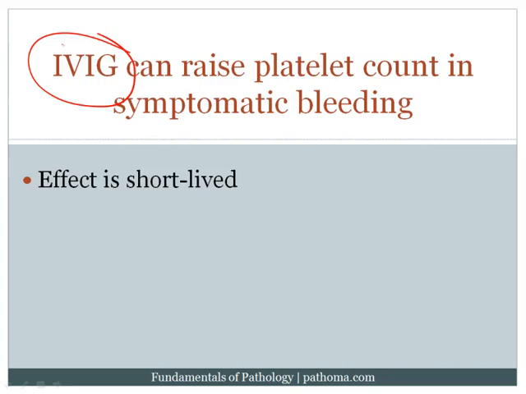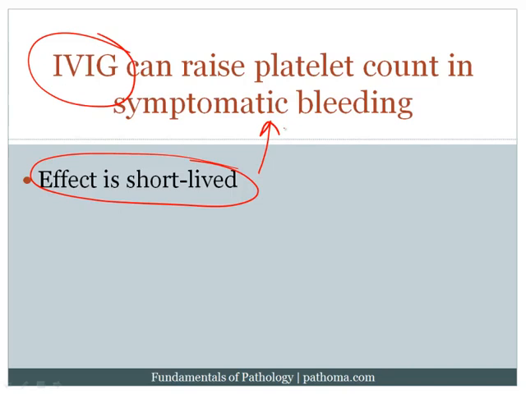Basically, you're going to overrun the spleen with all of this IVIG so that it sits there and consumes the IVIG and leaves the platelets alone for a little while. And of course, you can imagine that once the IVIG gets consumed, then the spleen will again start eating the immunoglobulin-bound platelets. So the effect is short-lived, and that's important to know as well. This is just used to raise the platelet count when there's symptomatic bleeding. Basically, you're trying to defend the patient's platelets from being eaten for a short period of time.